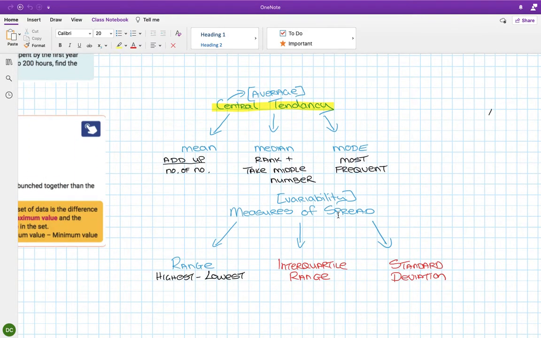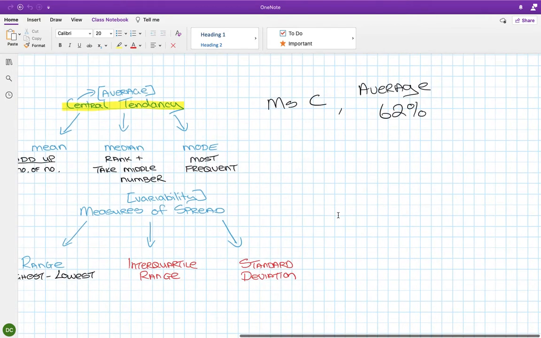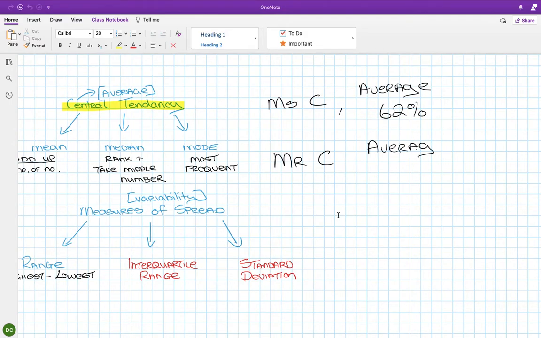So let's say I submit my data, right? And my students, so Miss Connolly's class, have an average grade of 62%. Okay? And then Mr. Cummins submits his grades, and his class have an average of 62%.